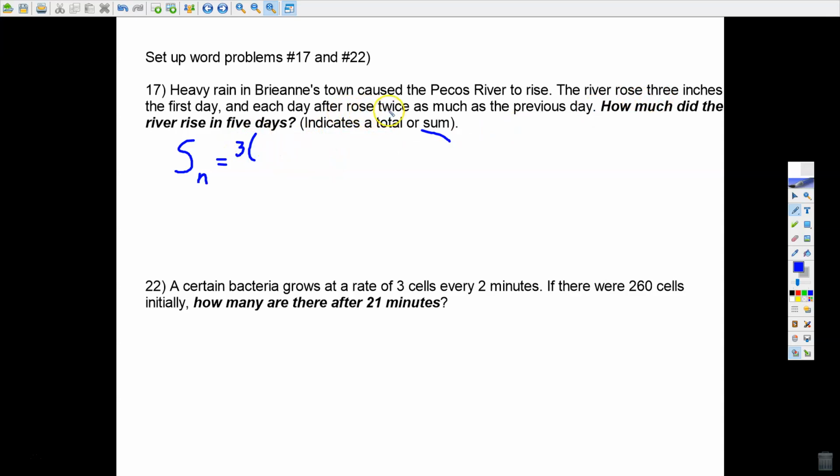And each day it rose twice as much as the previous day, so r is going to be 2. 1 minus 2, and we're doing this across 5 days, so n is 5.